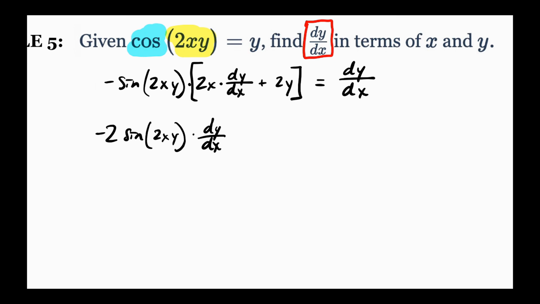And then when I distribute this guy here with this guy here, I'm going to get another -2y sine of 2xy equals dy over dx.